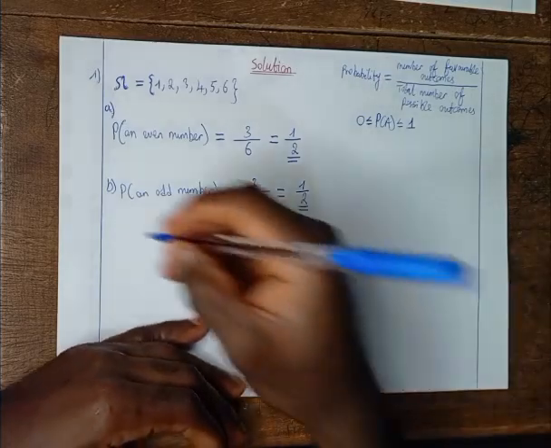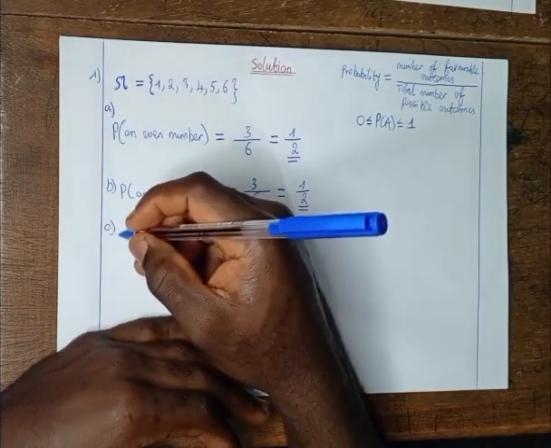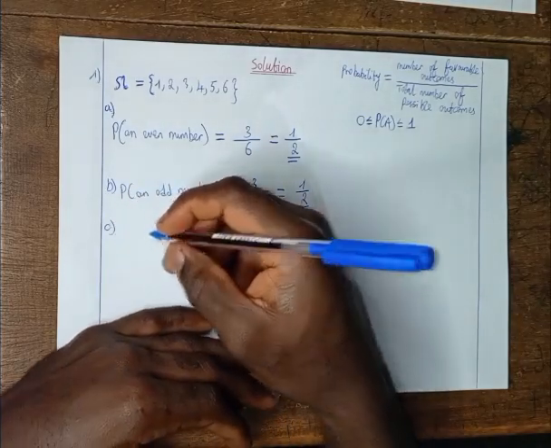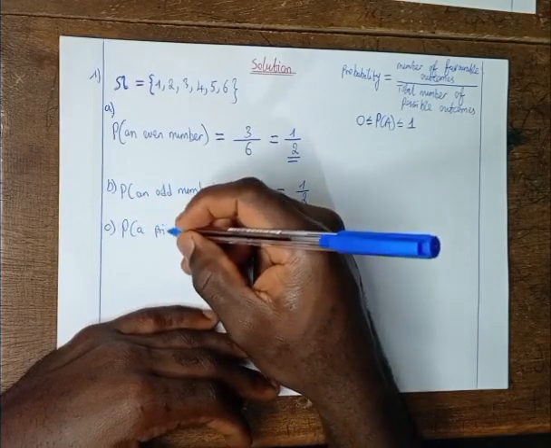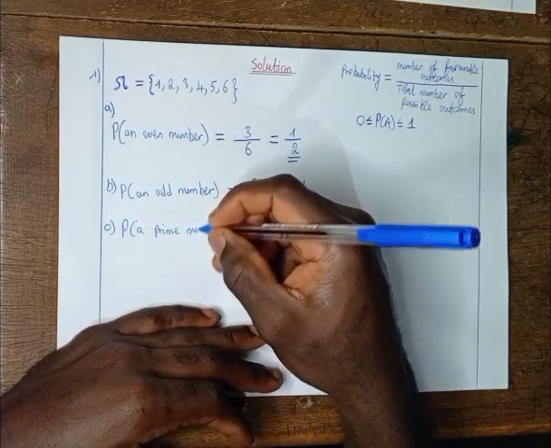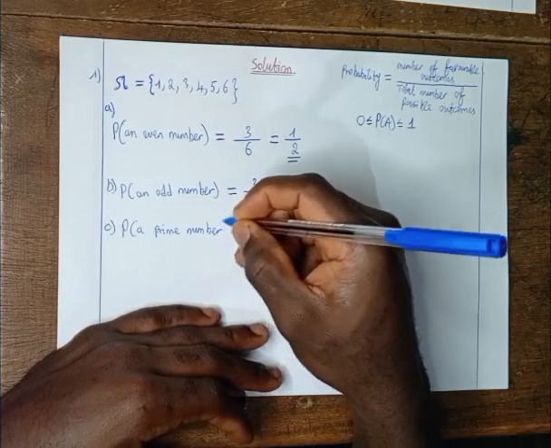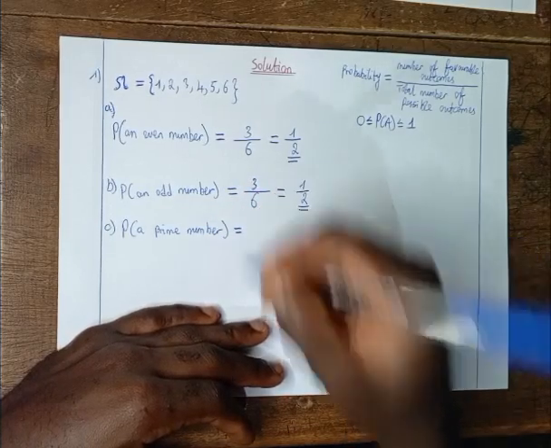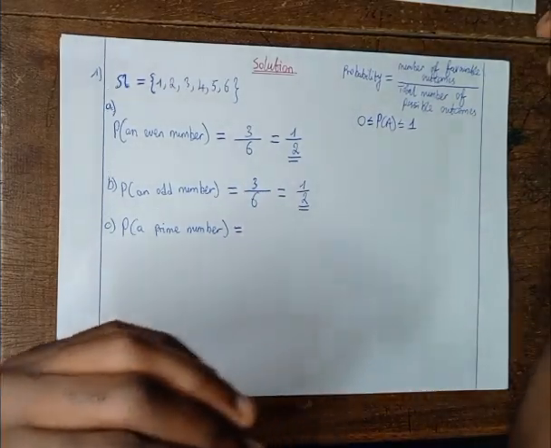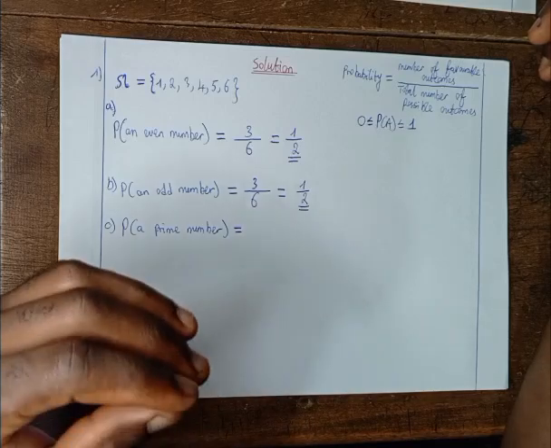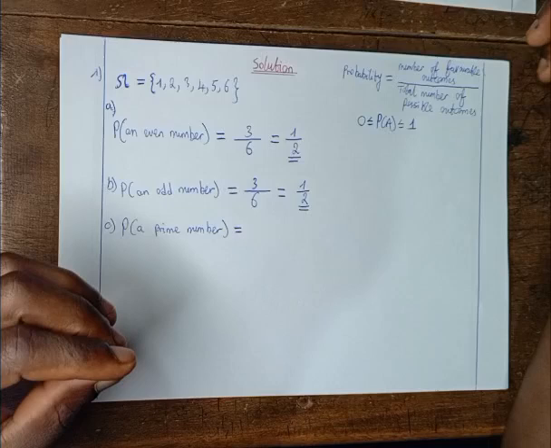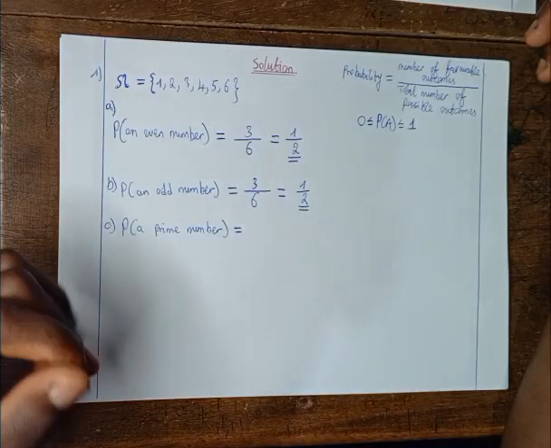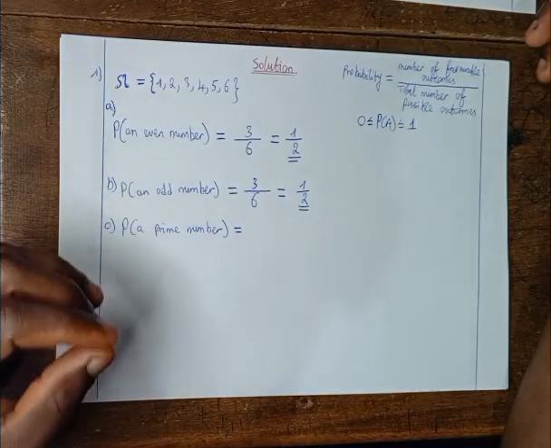Next question, C is asking us to calculate the probability of getting a prime number. When we talk of a prime number, we are simply referring to a number that has only 2 positive factors, that is 1 and the number itself.